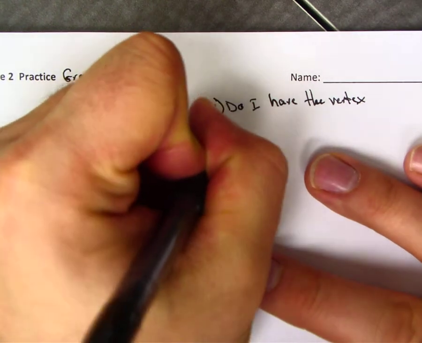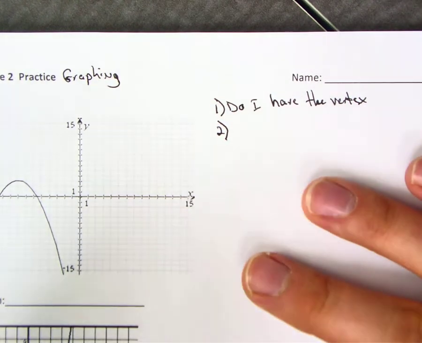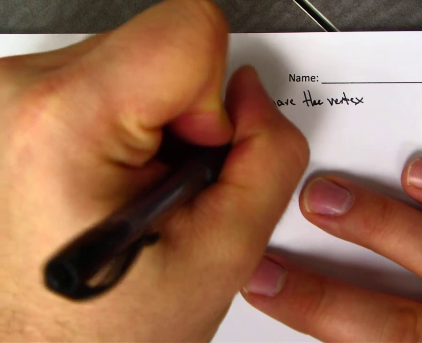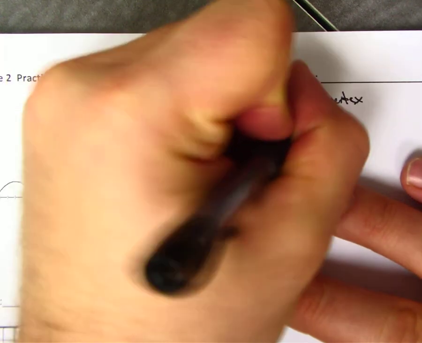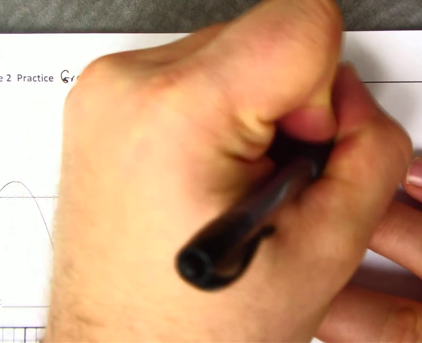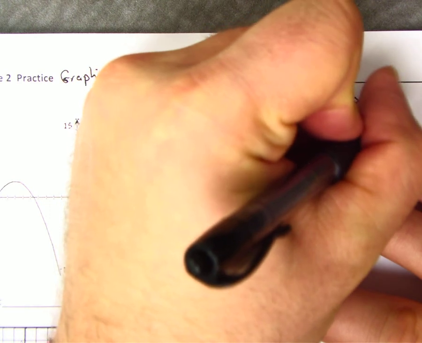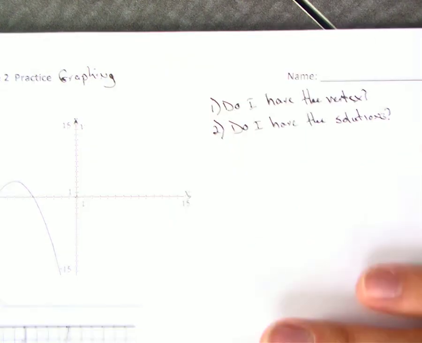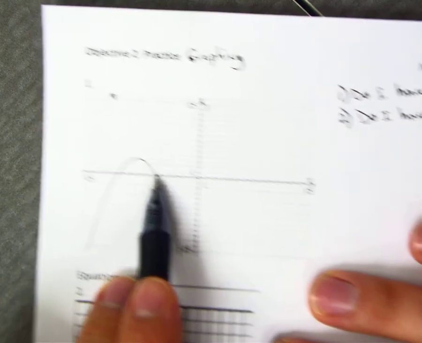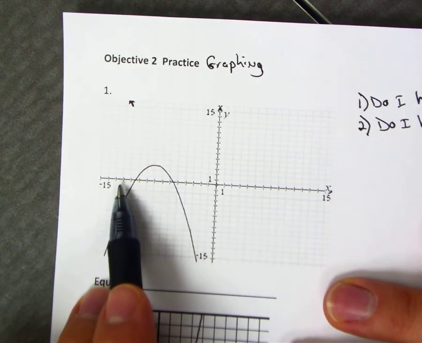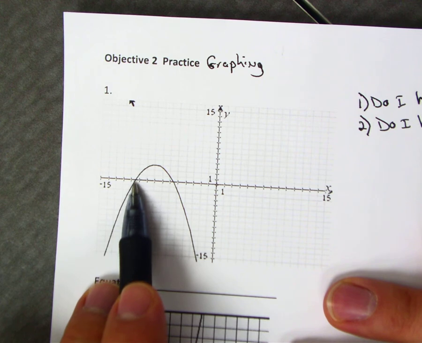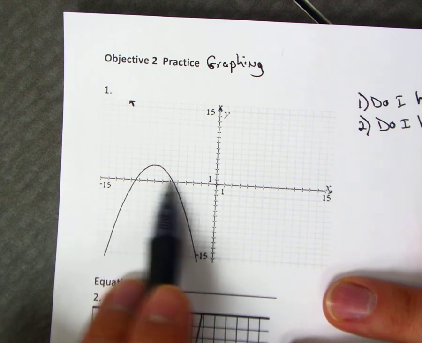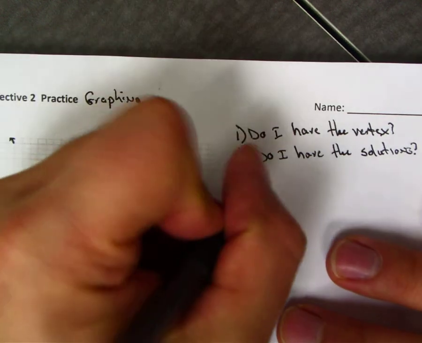The second thing I ask, though, if I don't have the vertex, is do I have the solutions? Because if I have the solutions, then I can write it in factored form. And if I look over here, I've got some values that are close, like maybe they're halves right here.